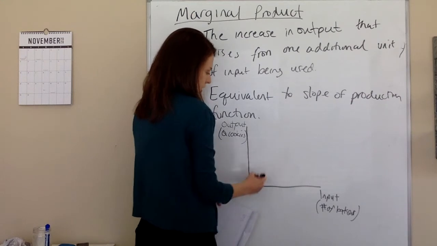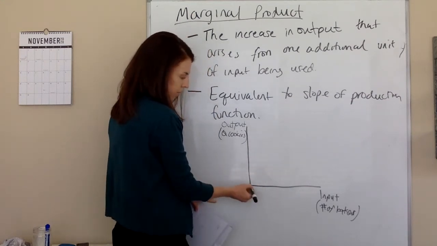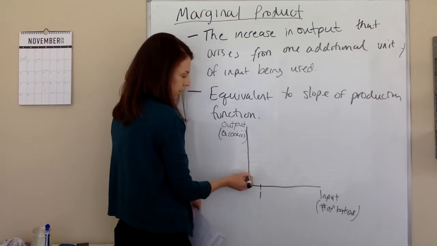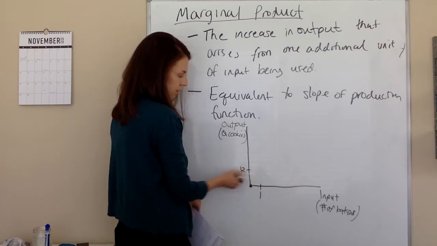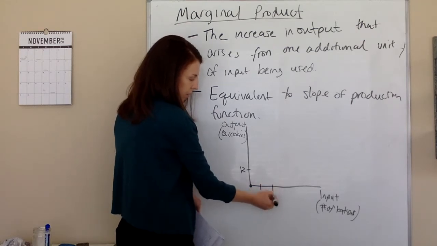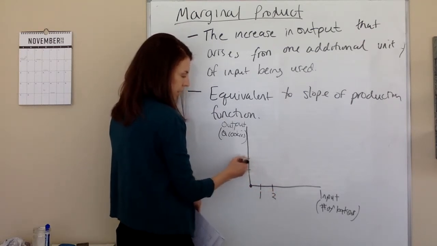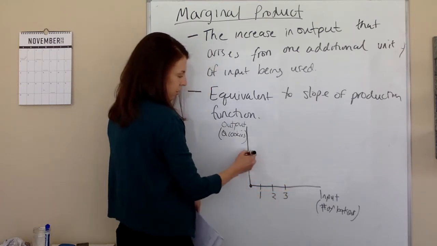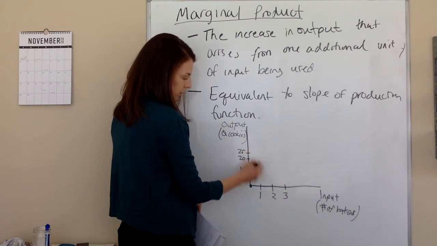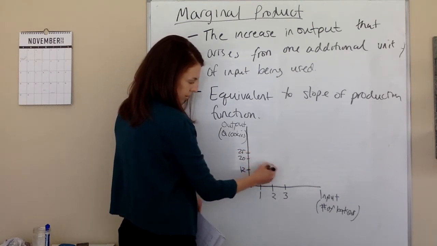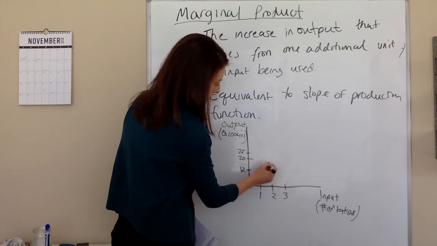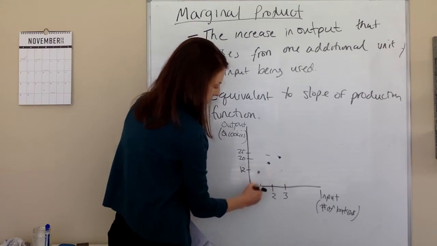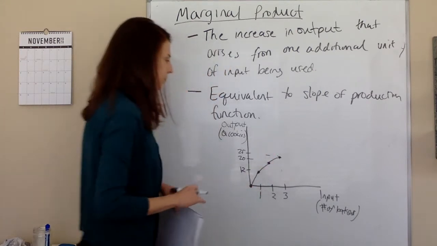The production function might tell us that if you have 0 bakers, you get 0 cookies. If you have 1 baker, maybe he can bake a dozen cookies, 12. If you have 2 bakers, maybe together they can make 20 cookies. If you have 3 bakers, maybe together they can make 25 cookies. So you would have coordinates like this. And note this is concave.